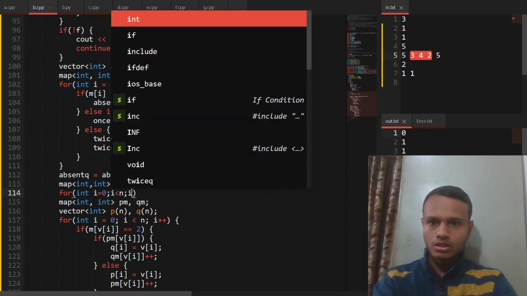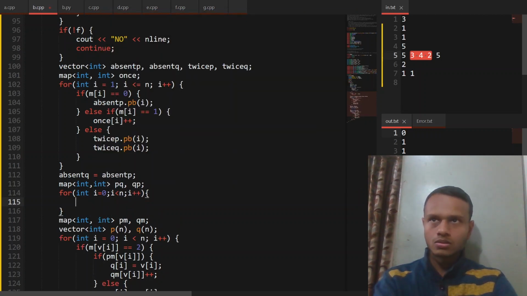Print, i is 0, i less than, i plus plus. So I think in some cases where that thing is happening, let's say 1 2 is absent and 3 4 5 are present twice. No, in that case you cannot do anything, because let's say 1 2 are absent but 3 is occurring only once.